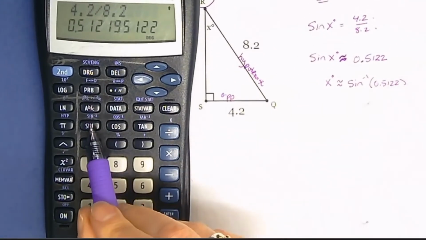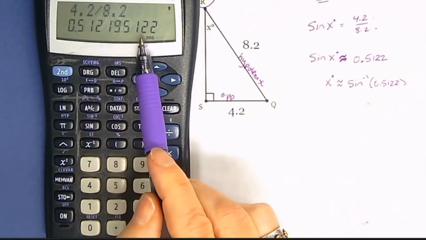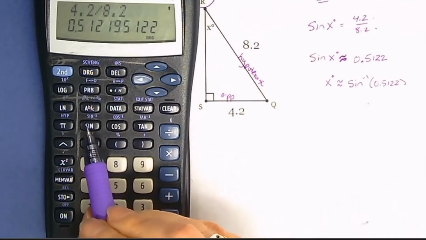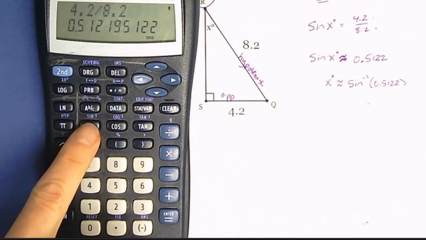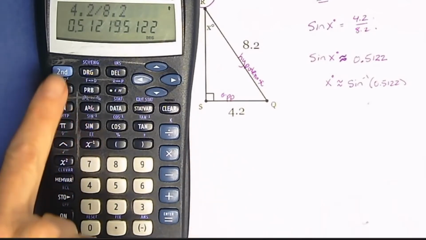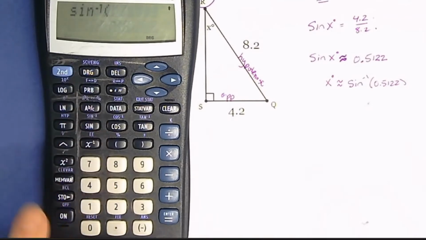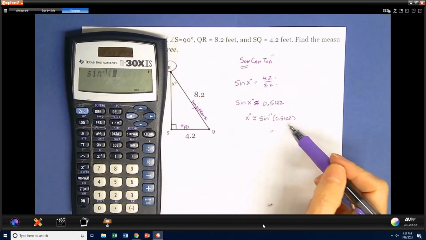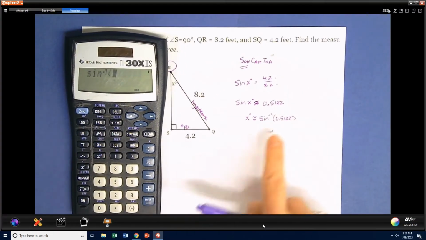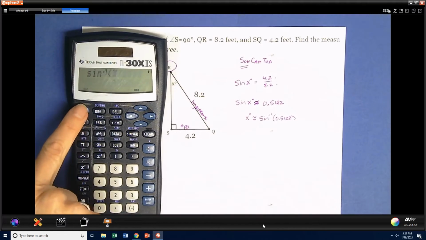To get to that on this calculator, I've already got the number on the screen. I'm going to use my second function: second, inverse sine, and I want to paste in the last answer I had on my calculator. On these calculators, way down here, it says ANS, which stands for answer. So I can paste in more accurate decimal places than just rounding this off: second, answer.